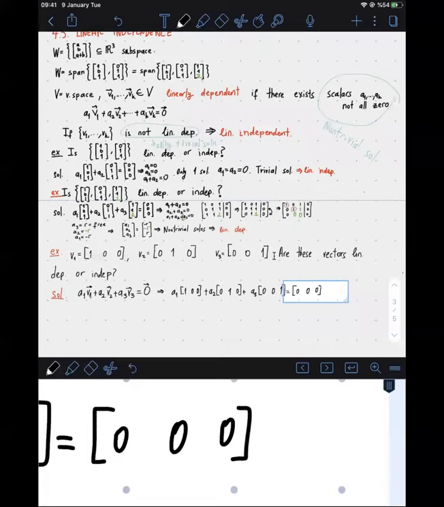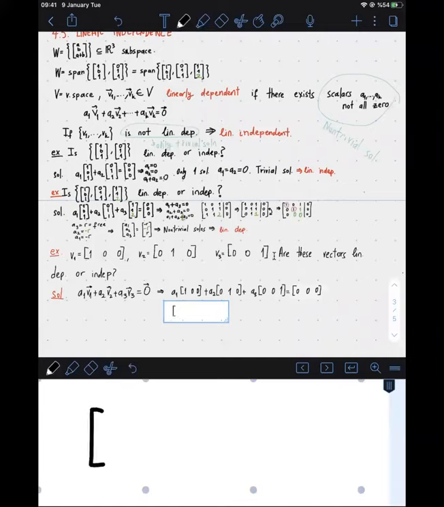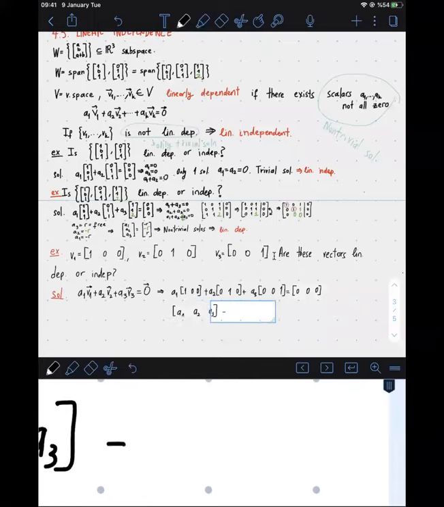If I do this operation, what do I get? The left-hand side becomes really (a1, a2, a3). The first component is a1, the second component is a2, and the third component is a3. So this equals (0, 0, 0). What does this imply? This implies a1 should be 0, a2 should be 0, a3 should be 0. That's the only possible solution.